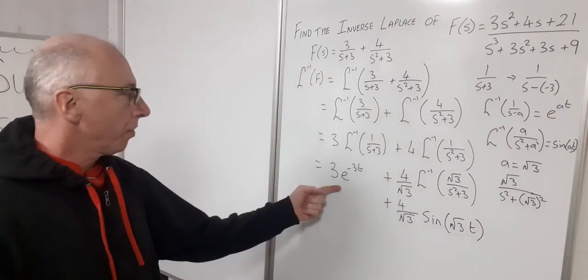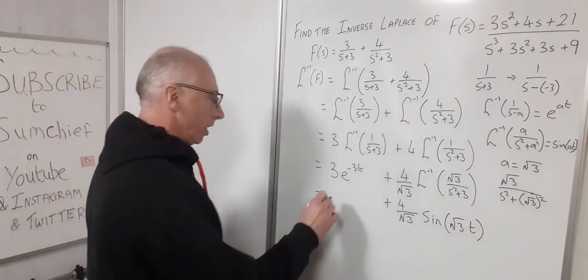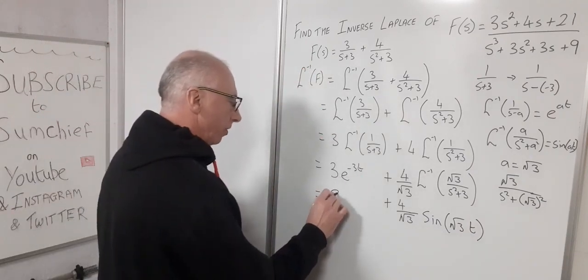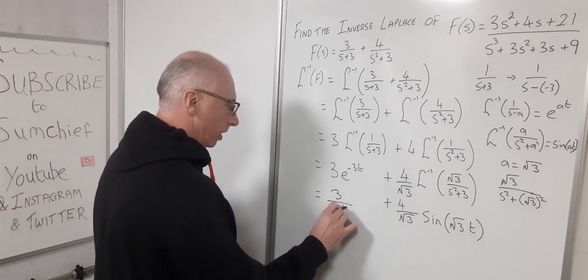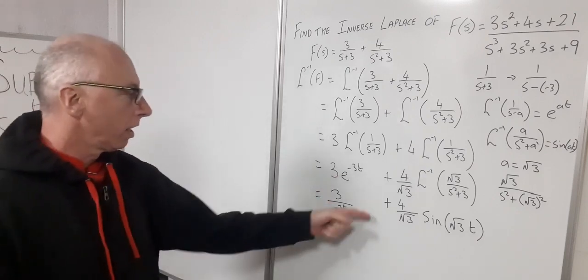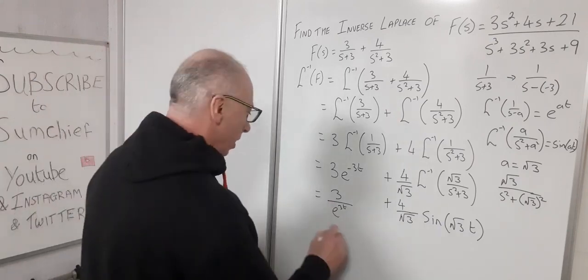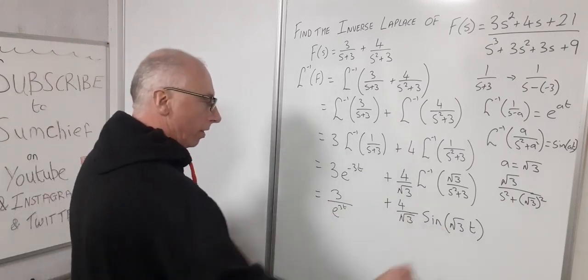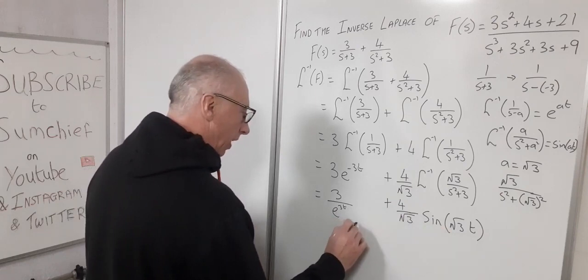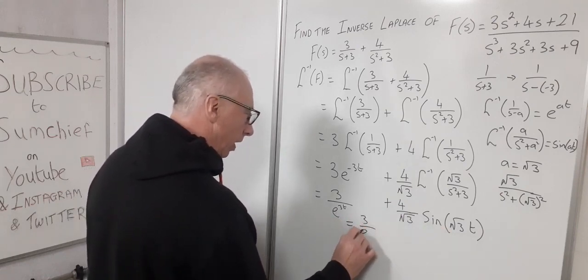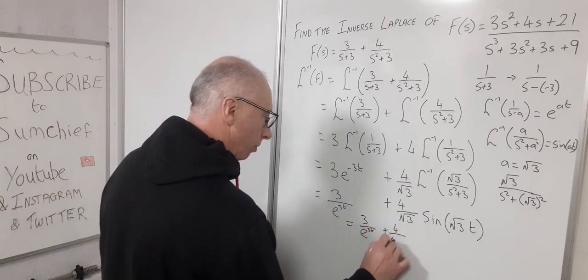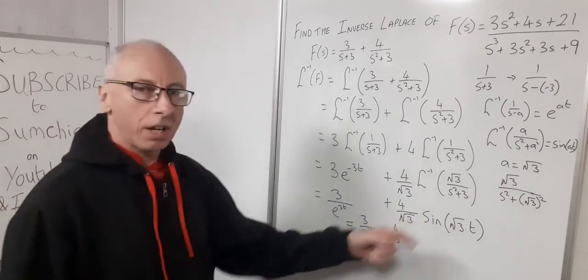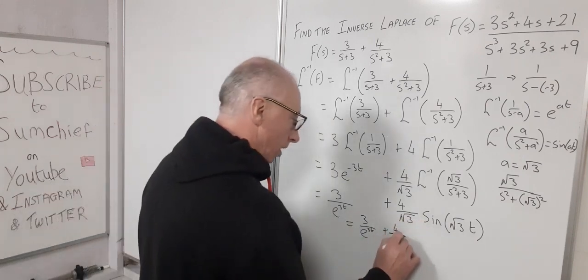So therefore we've got 3 e to the minus 3t. I'm going to write that as 3 over, now I've got e to the 3t in my denominator. That's with a plus sign here. So now I'm going to rewrite this for my final answer: 3 over e to the 3t plus 4 over root 3, and then sine root 3 t on the top.